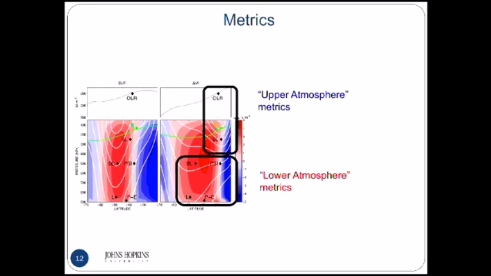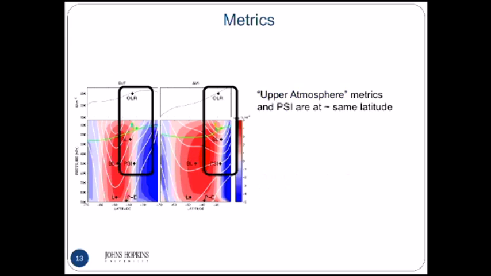Now, one thing that you can already see from this, just from the mean state, is that the upper atmosphere metrics are all at roughly the same location as the Psi 500, but the lower atmosphere metrics, their mean location varies.